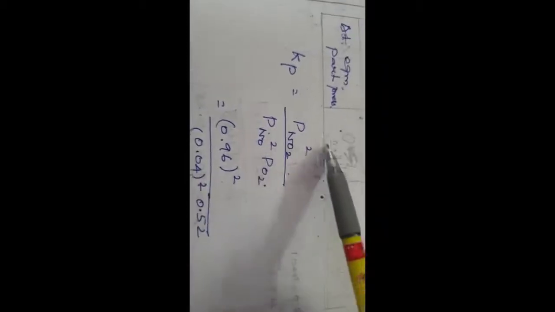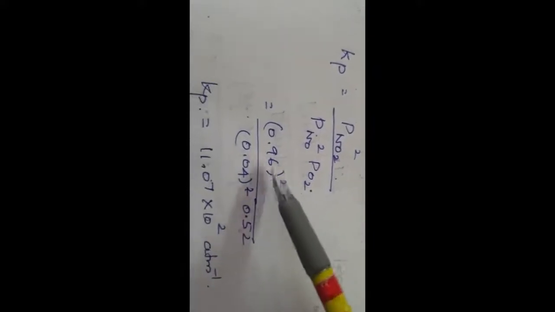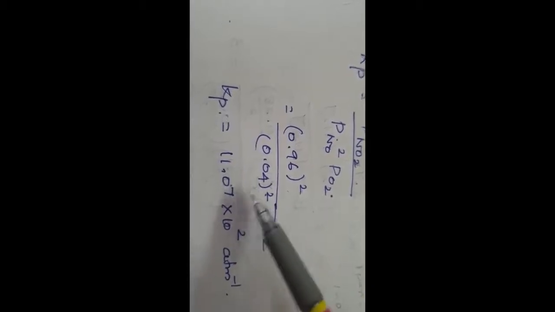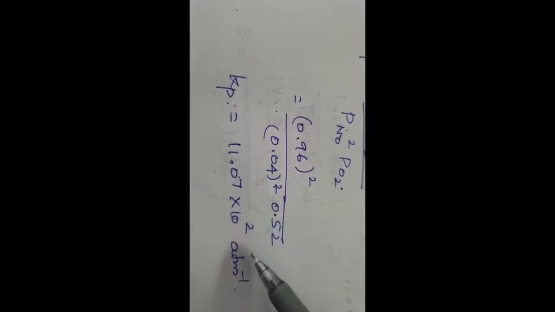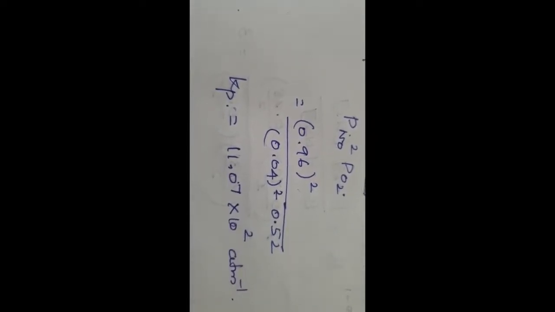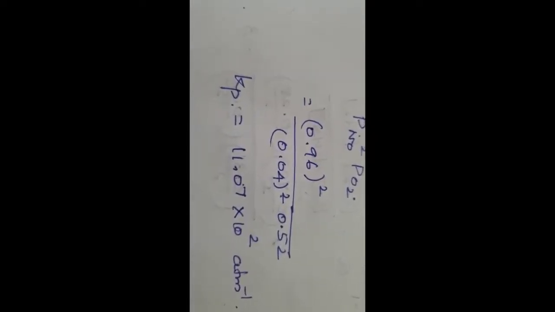Then substitute the values: 0.96 the whole square divided by 0.04 the whole square into 0.52 for oxygen. Simplifying this, Kp is equal to 11.07 into 10 power 2 per atm. So the equilibrium constant in terms of partial pressure is 11.07 into 10 power 2.